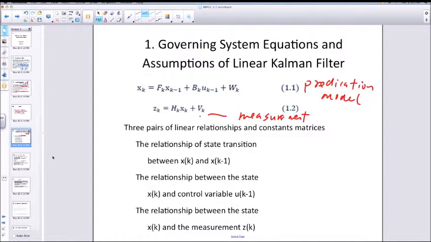And the most important parameters are this matrix and this matrix and this. All these three matrices are constant matrices in the previous lesson for the linear model.